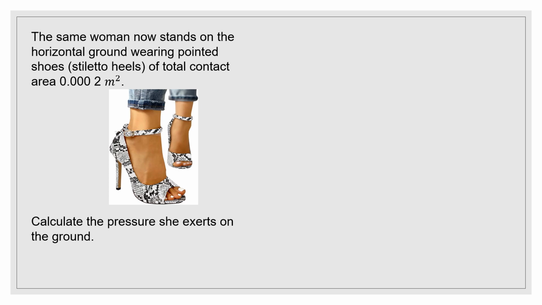Now let us see what happens when the same woman is now wearing pointed shoes, which we call stiletto heels. This one is having a total contact area of 0.0002 meters squared. So what will be the pressure exerted on the ground in this case?